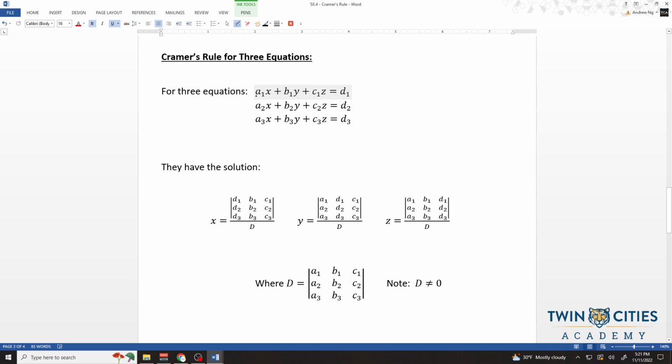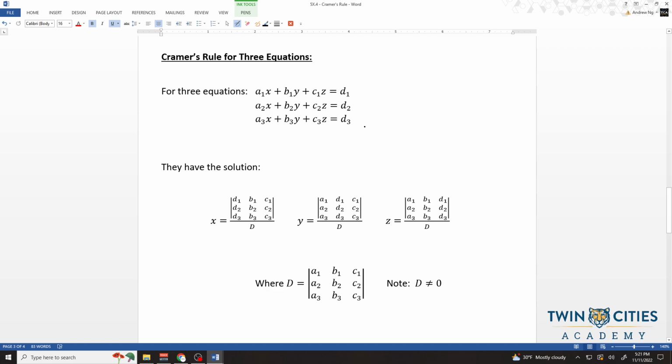So a's are going to remain the coefficient on x. B's are going to remain the coefficient on y. Since I now have a third variable, z, this is going to be my c's now. And then it's going to be equal to just a number out here, d1, d2, and d3. Of course, these 1, 2s, and 3s are for equations 1, 2, and 3, respectively.